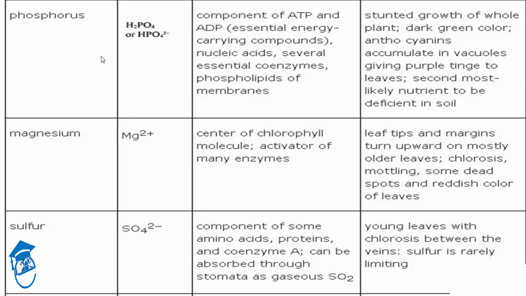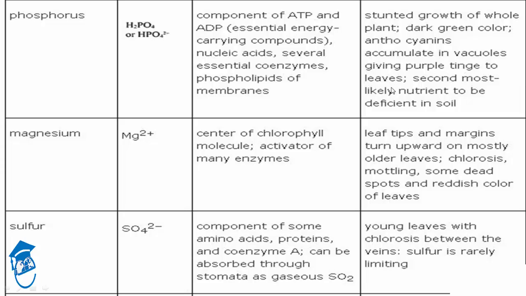Now, what are the deficiency symptoms which are seen because of the phosphorus? Because of the deficiency of phosphorus, stunted growth of whole plant is seen. Dark green color, anthocyanin accumulates in the vacuole, giving the purple tinge to the leaves.